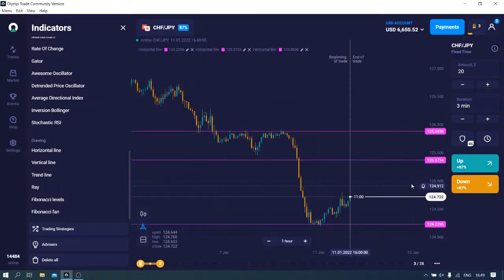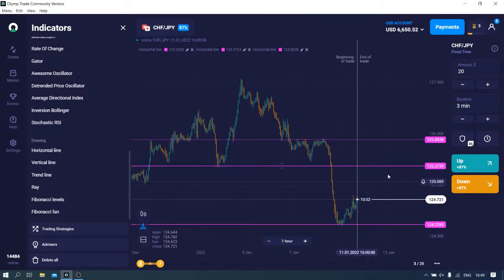Well, when it reaches this level, 125.37, then I'm pretty sure that this trade should be pointed downwards. So again, you should aim for 125.37 on this currency pair, and then open a trade down.